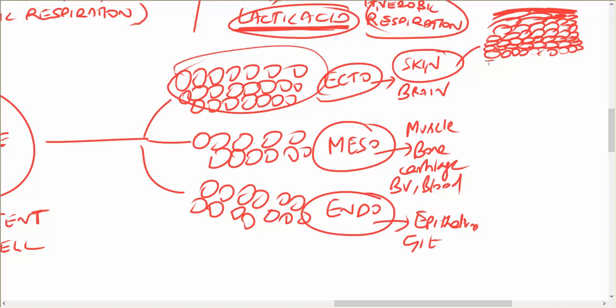These cells sit on a membrane called the basement membrane, and this is called the epidermis. For these epidermal cells we have a name: stratified squamous epithelium.